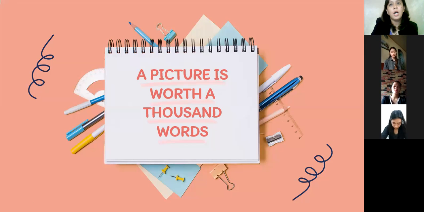To check if we fully understand declarative, interrogative, imperative, and exclamatory sentences, I'll be showing you some pictures and you will form different types of sentences in relation to each picture.